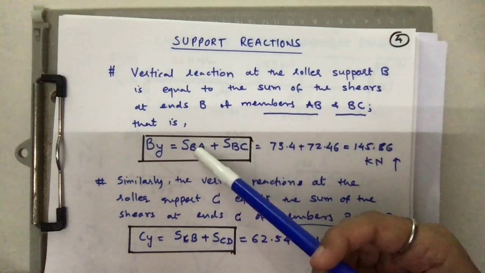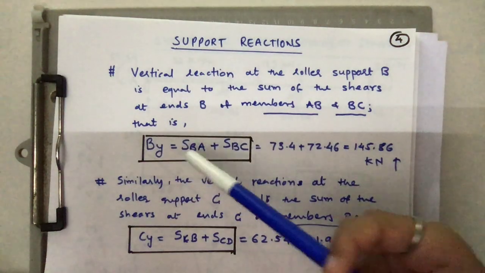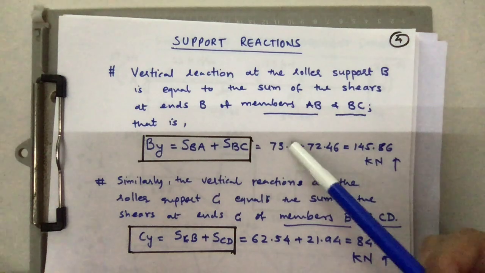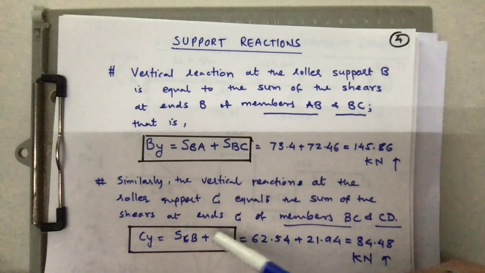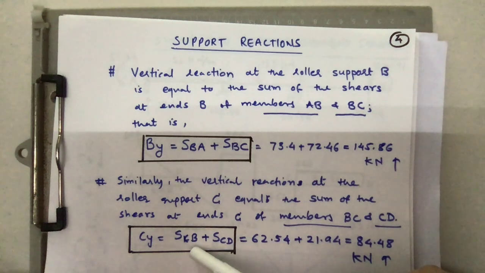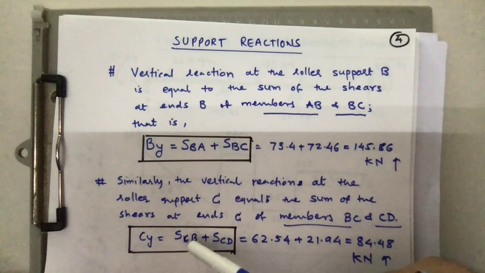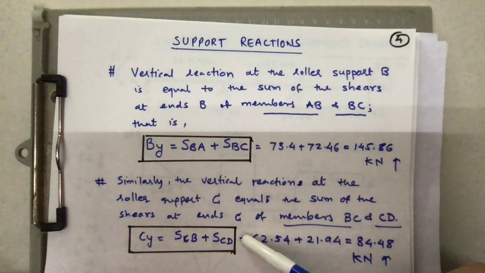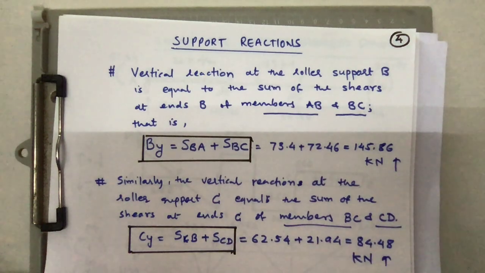So when we add these two end shears, we get the support reaction at B. And similarly at support C, the end shears SCB coming from span CB and SCD coming from span CD are added to get the reaction at support C.